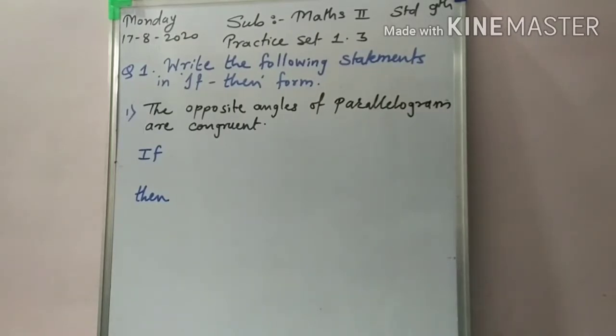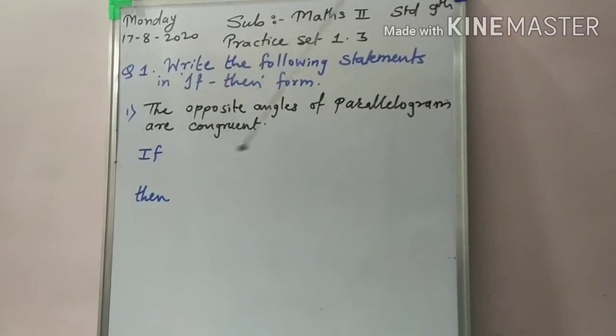The first example is the statement: the opposite angles of a parallelogram are congruent. It is a property of the angles of a parallelogram, and a parallelogram is a type of quadrilateral. So how do we write the given statement in if-then form?